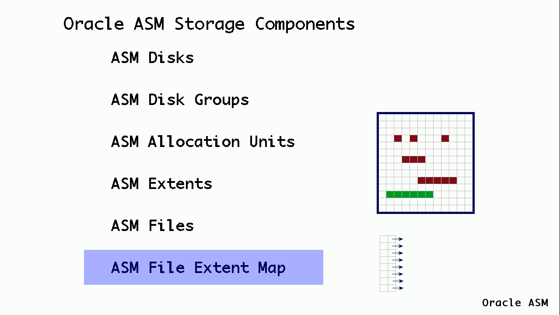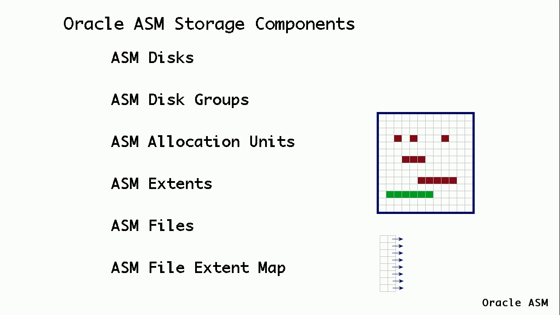When Oracle Database sends a request to open an ASM file, Oracle ASM provides the ASM File Extent Map to the database instance. Database instance keeps this ASM File Extent Map in memory, and from then onwards, database performs input-output directly to ASM files in ASM disk groups.